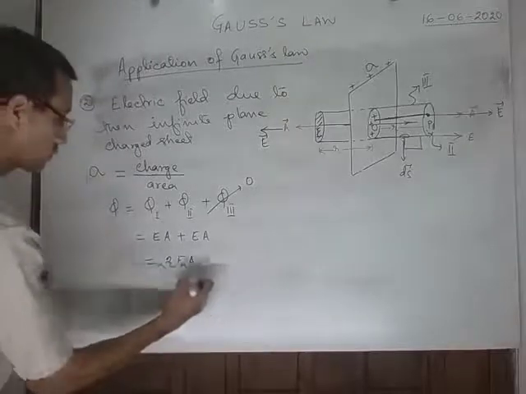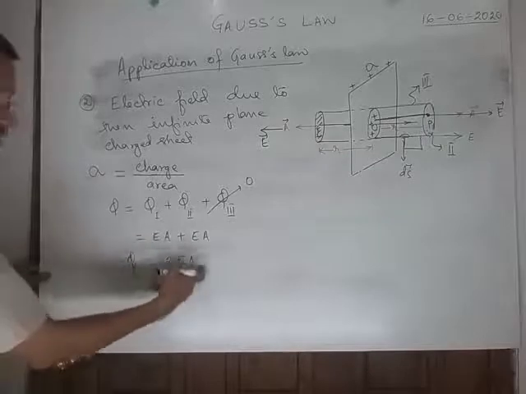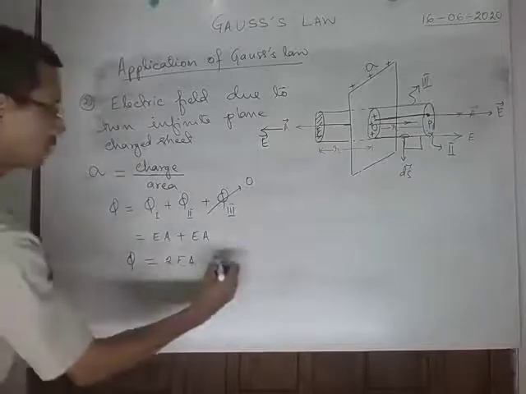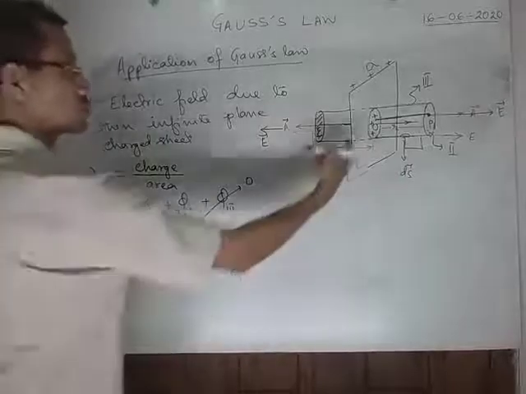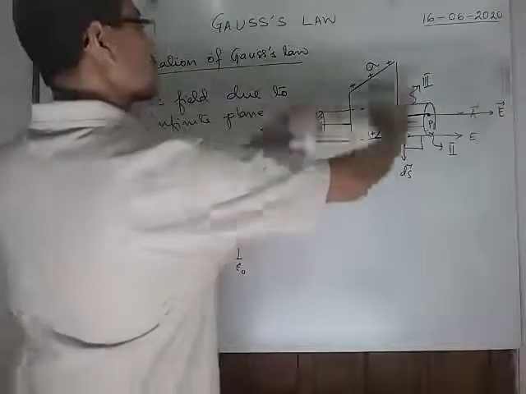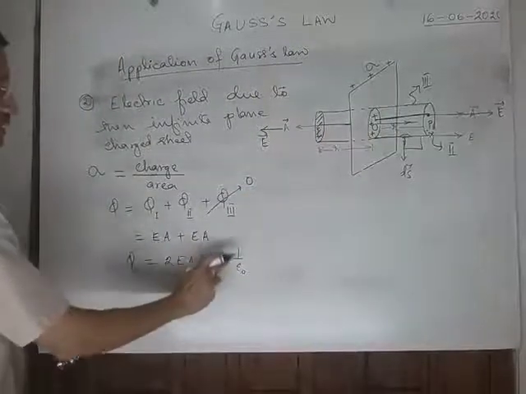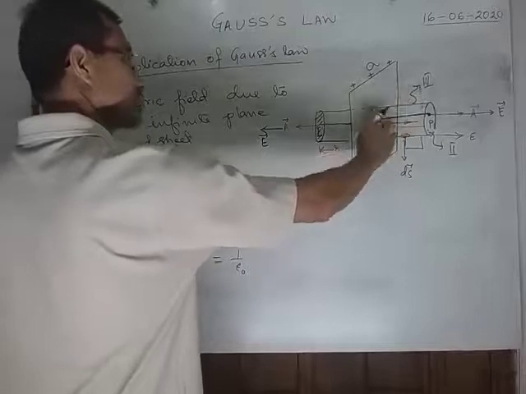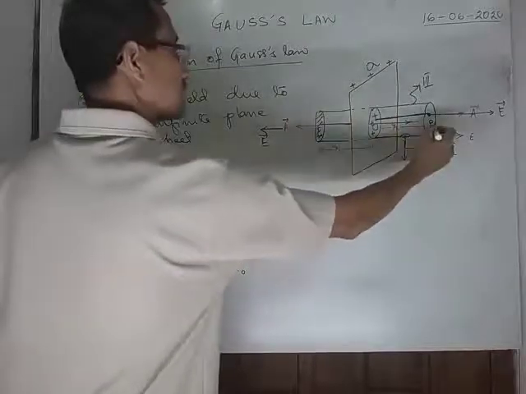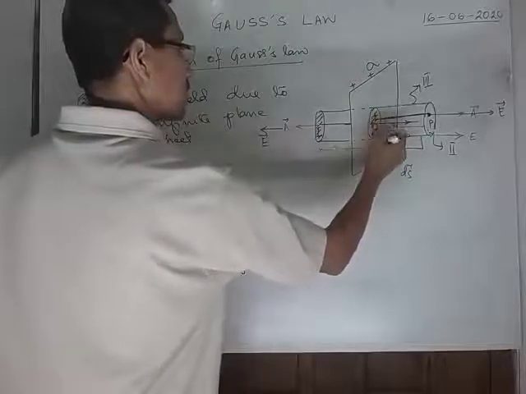And according to your Gauss law, this surface integral will be equal to 1 by epsilon naught times the charge enclosed by this Gaussian surface. The Gaussian surface is our closed surface now. If this has the area A, then this must also have the same area A, right?